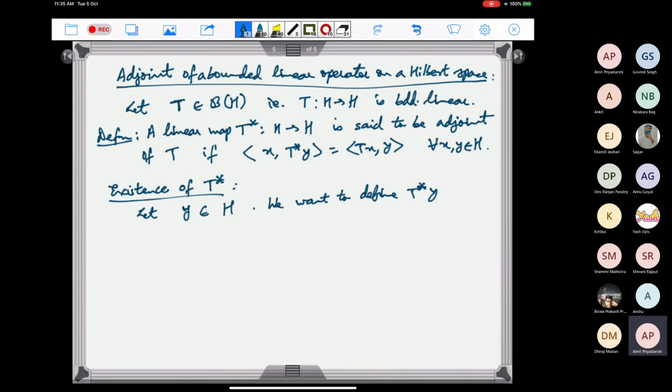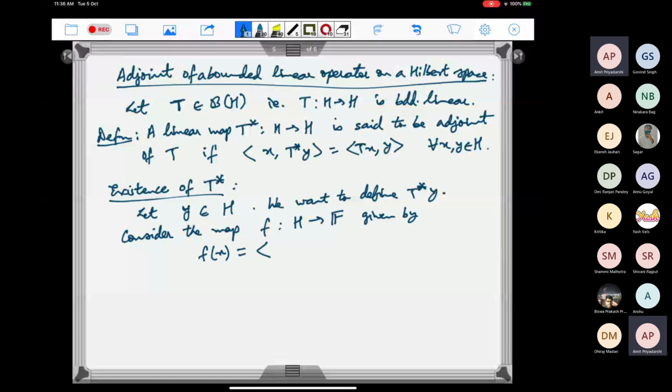Once you have y, let us look at the map x going to the inner product of Tx with y. So consider the map f from H to the scalar field given by f of x is equal to the inner product of Tx with y.